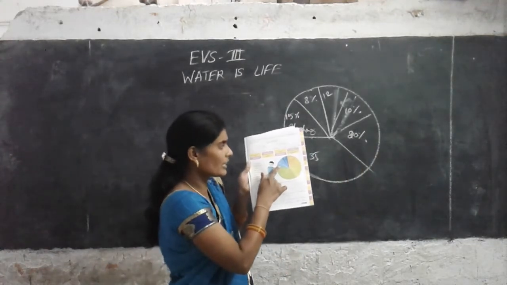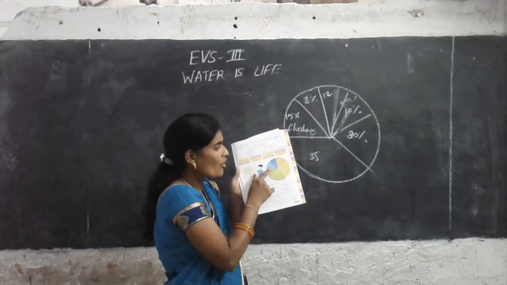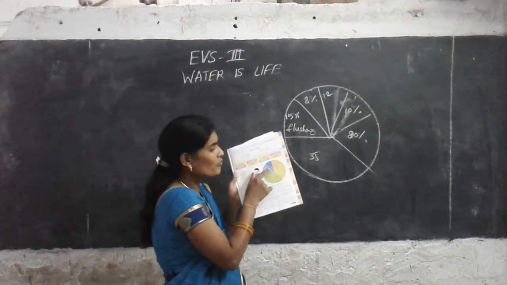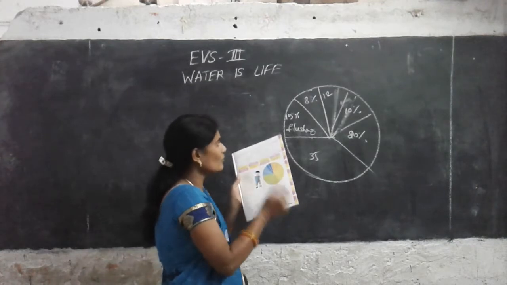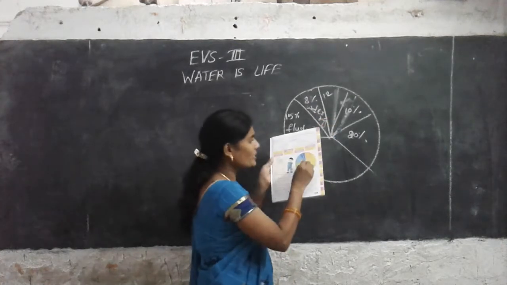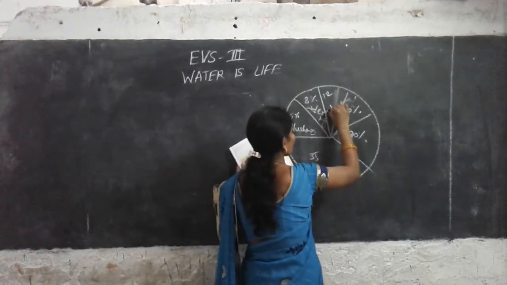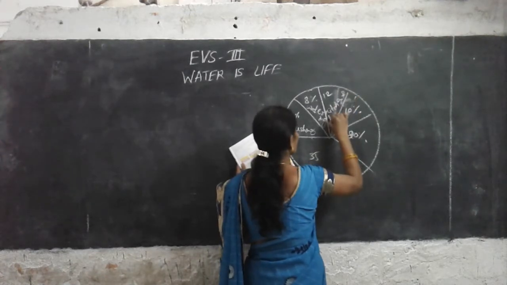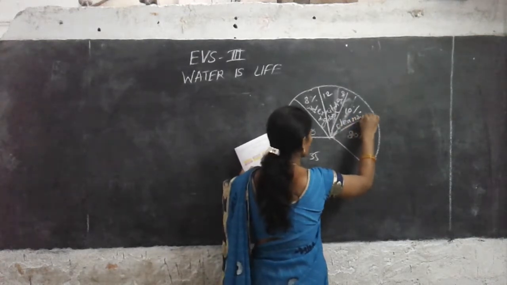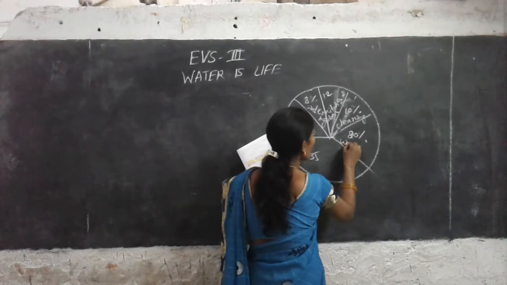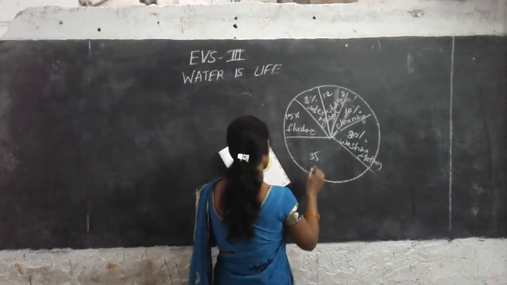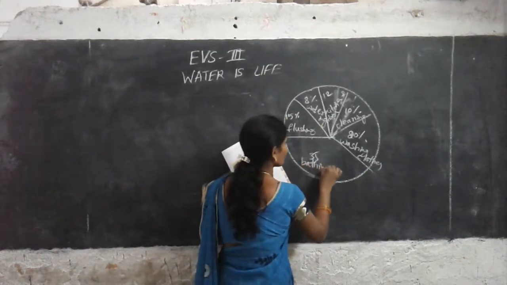Here 15% of water is used for flushing toilets and 8% for watering plants. 12% of water is used for the kitchen and drinking. 10% is used for cleaning. 20% is used for washing clothes. 35% of water is used for bathing and brushing.